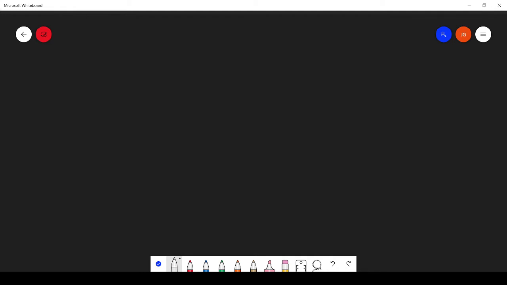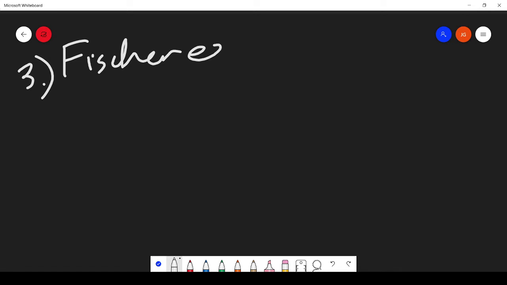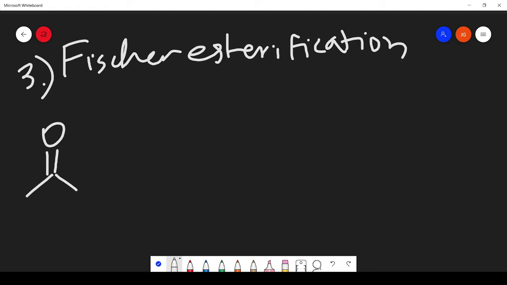For number 3, we want to show the steps to the Fischer esterification. And in this case, we're starting off with a carboxylic acid. Now, for the sake of simplicity, I'm going to just use R groups to represent our alcohol.